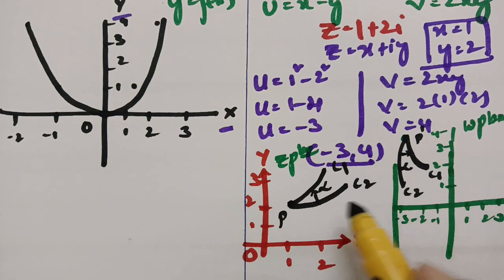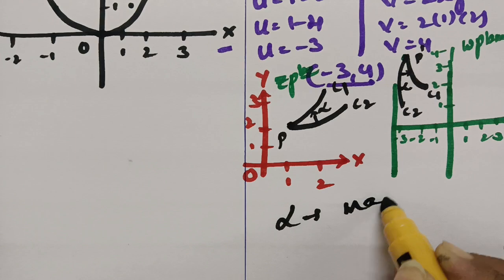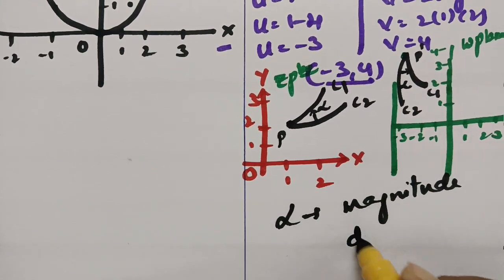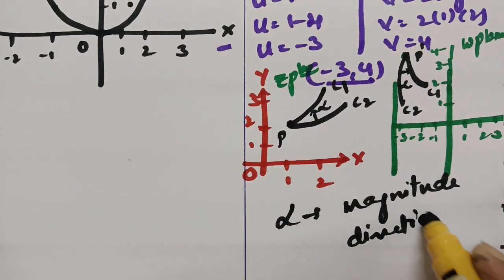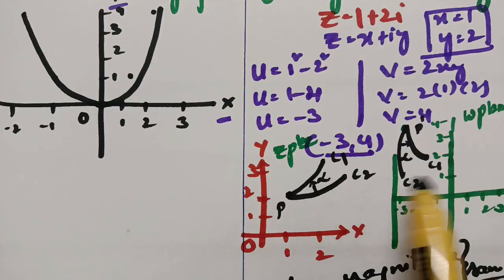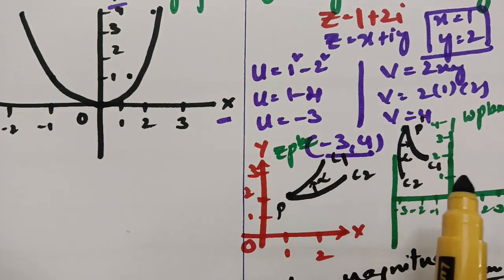Clear? So the angle should be equal in magnitude and the direction should also be equal, in an anti-clockwise direction. Both should be the same. Then we say that such a correspondence or transformation is called a conformal mapping.